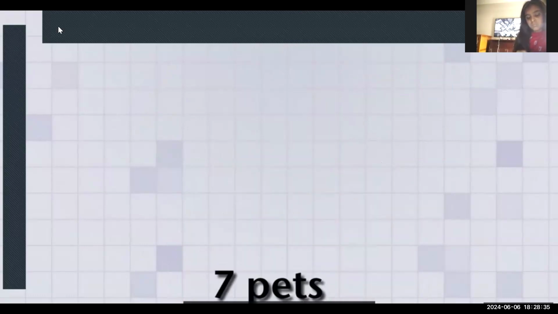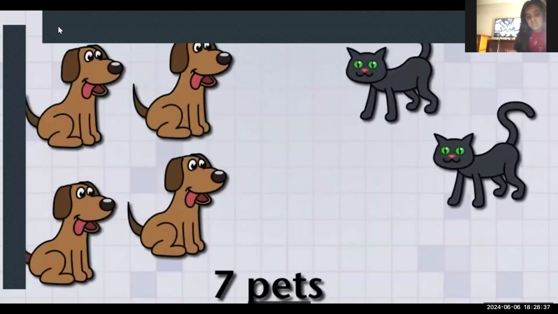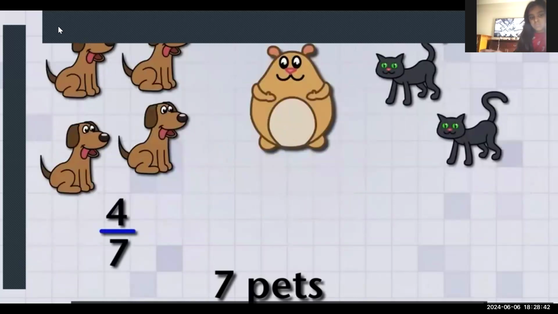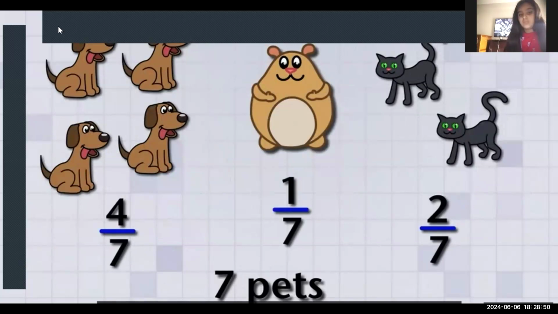Let's say you have 7 pets, 4 dogs, 2 cats, and a big fat hamster. Well, that means that 4 over 7, or 4/7 of your pets are dogs, and 2 over 7, or 2/7 of your pets are cats, and 1 over 7, or 1/7 of your pets are hamsters. It also means that your house probably smells like a pet store.